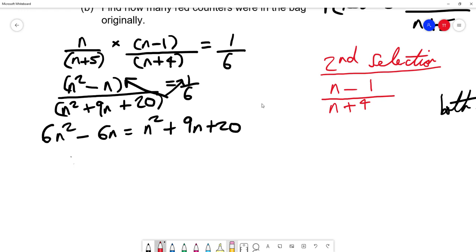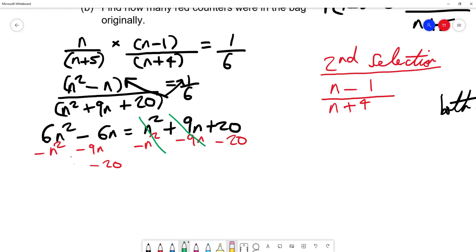Okay, to solve a quadratic like this, we're going to bring all the terms to one side. So we minus n squared here, minus n squared on this side, meaning that the two n squareds cancel out. And we're going to minus 9n on this side and minus 9n on this side. And minus 20 on this side, hence minus 20 on this side.